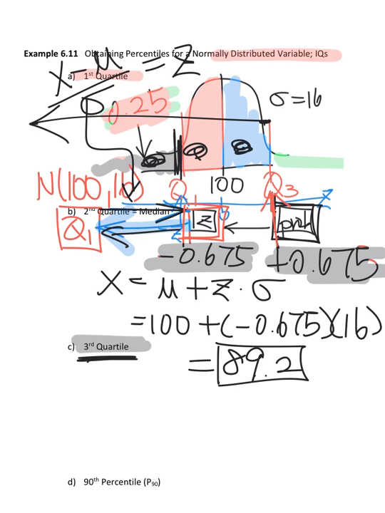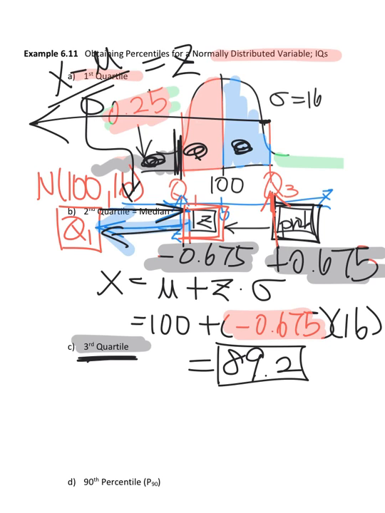It's symmetrical. Yes, the normal distribution is symmetrical. So we don't have to look for 0.75, it must be the positive one, because the normal distribution is symmetrical. So now we plug positive 0.675 there.